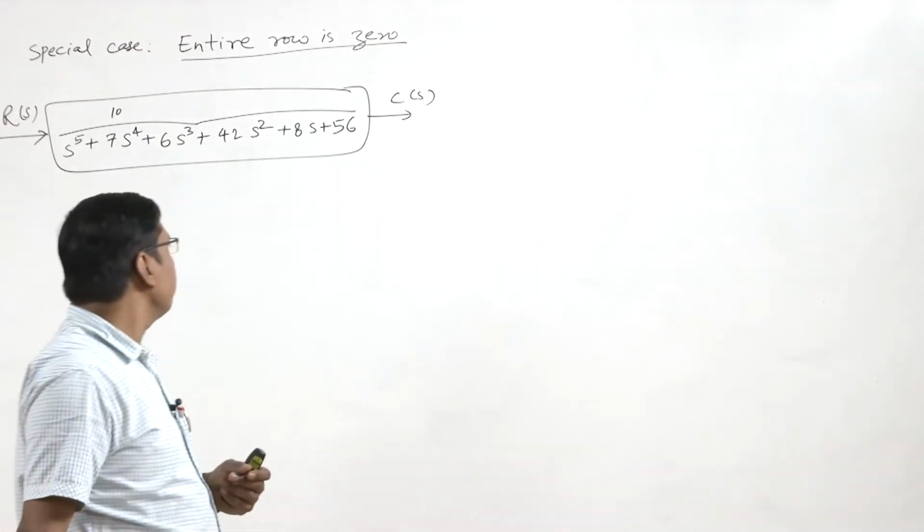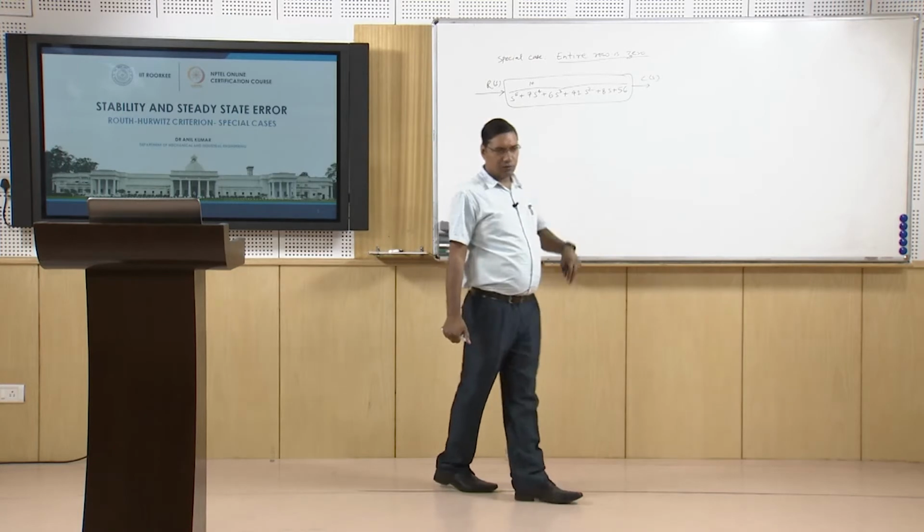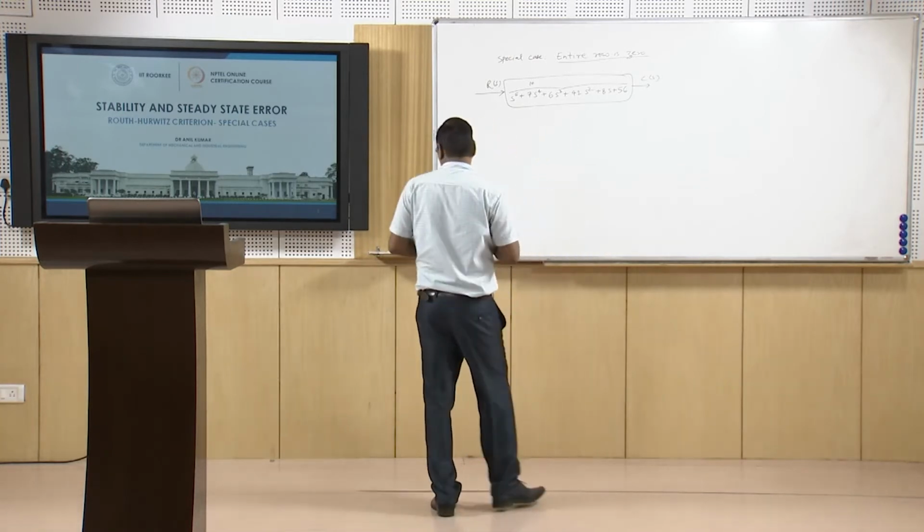So this is the system, the equivalent transfer function, and we have to create the Routh table.